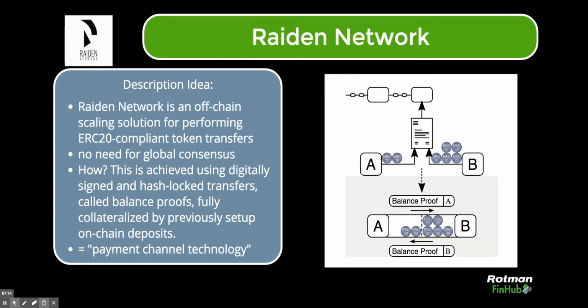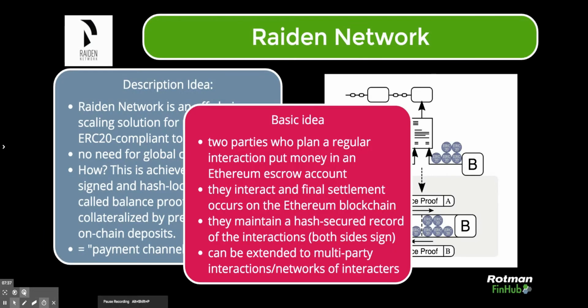So in some form, this is very similar to the side channels that I have discussed earlier already, in the sense that this basically is bilateral agreements or bilateral trades. And of course, the idea of this network is that these escrow accounts that two parties use among one another can be expanded so that multiple parties can interact with one another through this network.